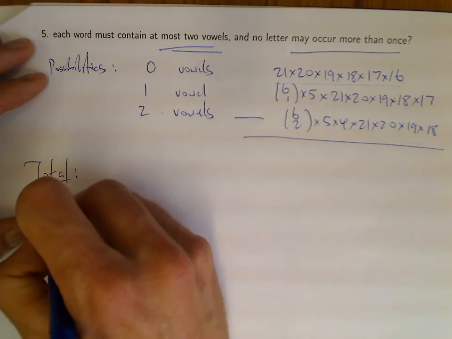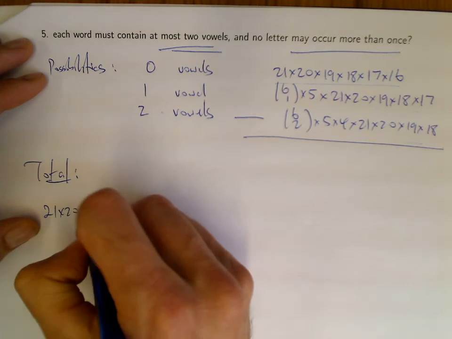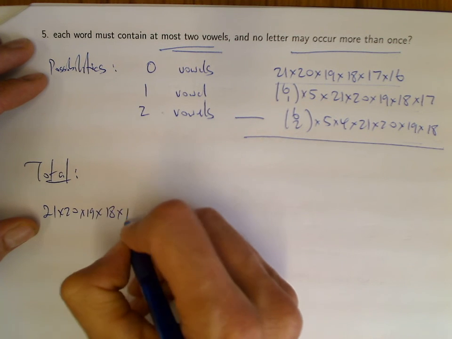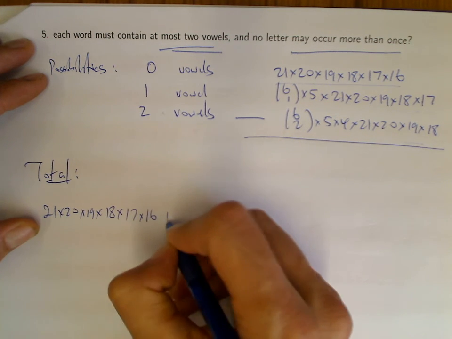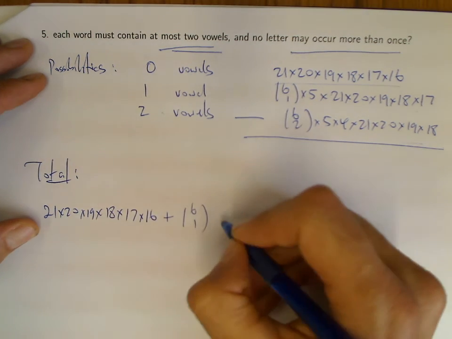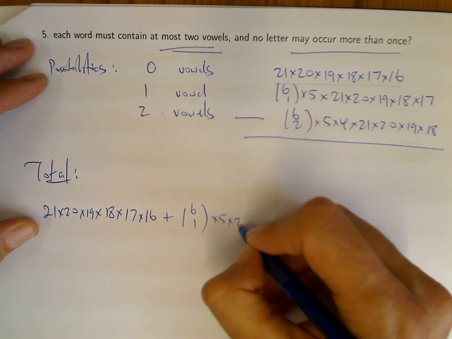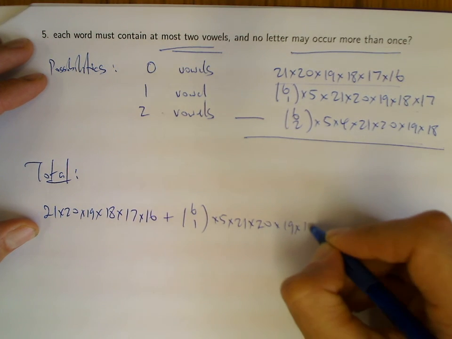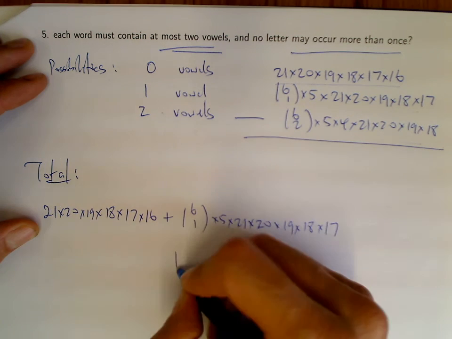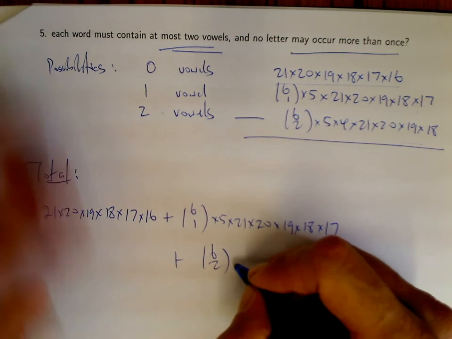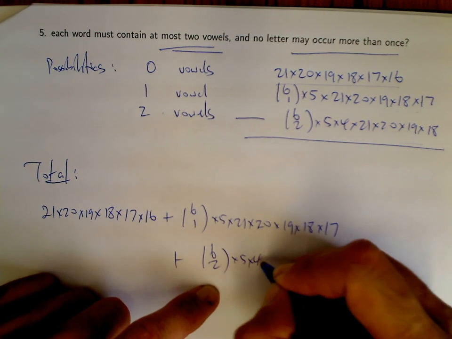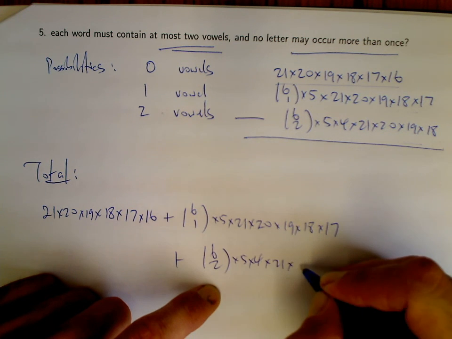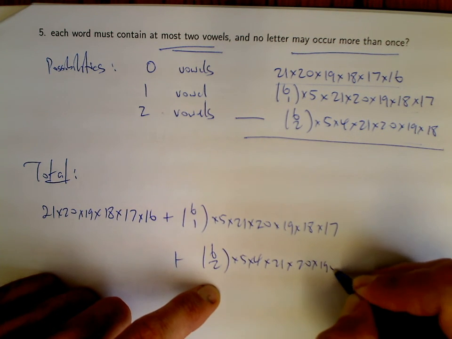So 21 times 20 times 19 times 18 times 17 times 16, plus 6 choose 1 times 5 times 21 times 20 times 19 times 18 times 17, plus 6 choose 2 times 5 times 4 times 21 times 20 times 19 times 18.